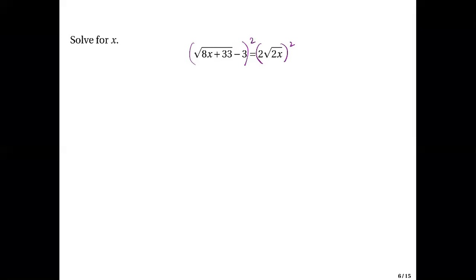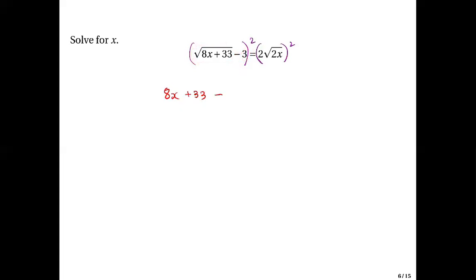So if we do this, on the left-hand side, we will have square root of 8x plus 33 squared. So that's just 8x plus 33 minus twice the product, minus because this is minus, and then twice the product of this and this.